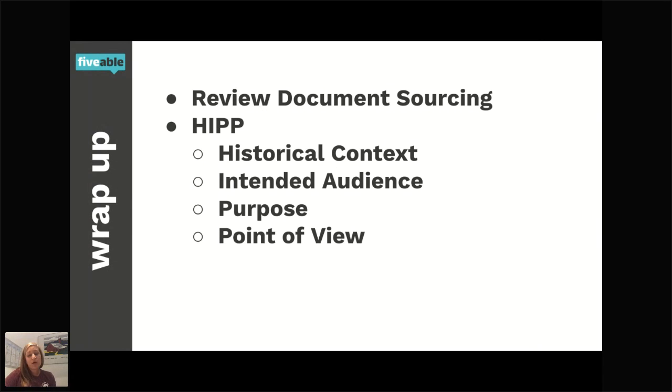So remember, when we go to do these on a DBQ document-based question essay, for 1 point of analysis and reasoning on the DBQ rubric, we need to closely analyze how that document's historical situation, intended audience, purpose, or point of view impacts an argument based on the prompt. We need to do this 3 times for 1 point.